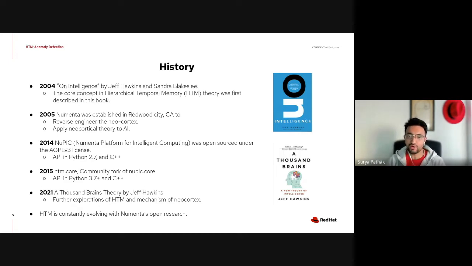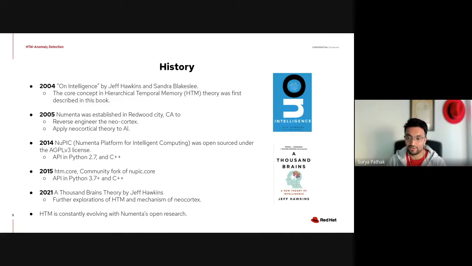In 2014, this project got open sourced with the GitHub handle NuPIC. The API used here is Python 2.7 and C++. In 2015, a community fork of nupic.core got developed, known as HTM.core, with an API of Python 3.7 plus and C++. In 2021, A Thousand Brains Theory of Jeff Hawkins, the new book, got published recently.